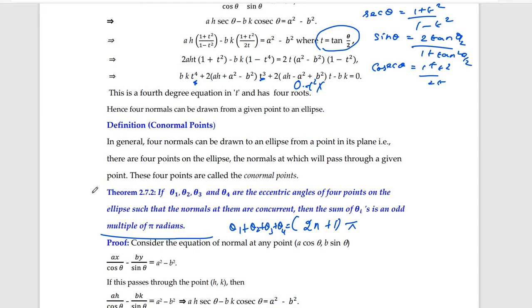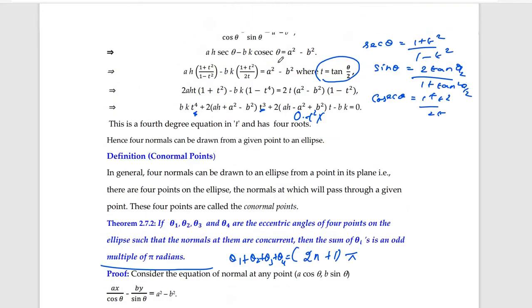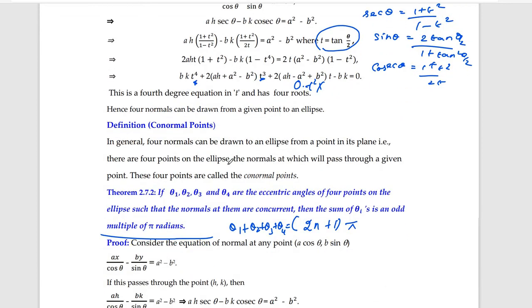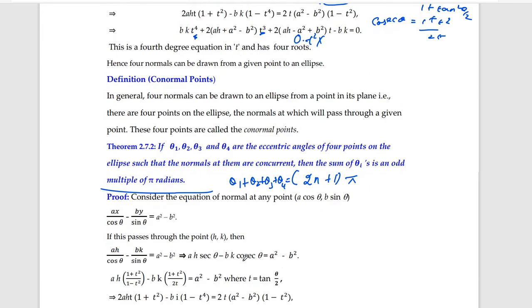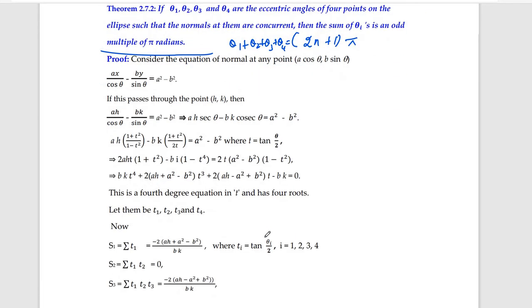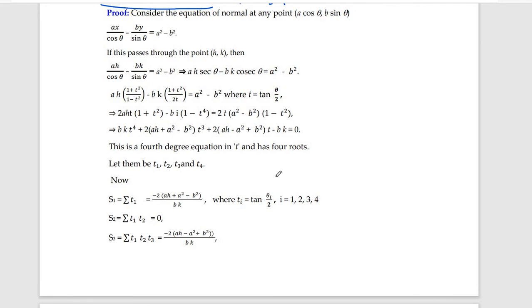All the steps that we had in the previous discussion have to be repeated. Consider the equation of the normal in parametric form, and let it pass through (h, k). Rewrite as a fourth degree equation with four roots t1, t2, t3 and t4.